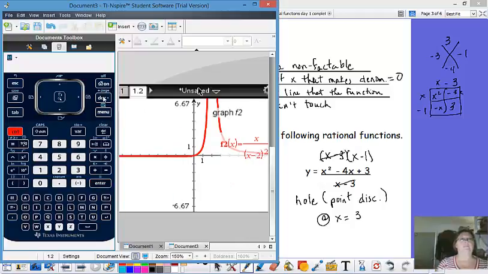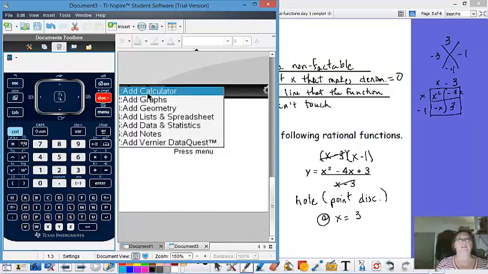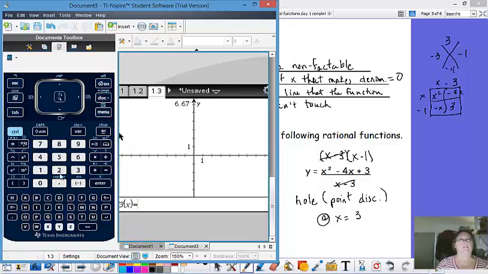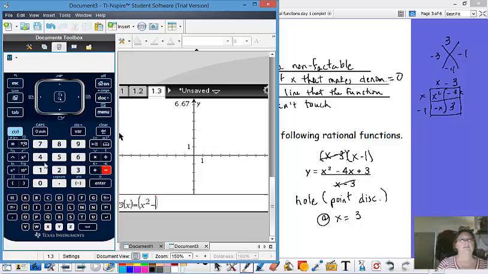New graph page. You've got to use the parentheses here: x squared minus 4x plus 3, all divided by the quantity x minus 3.